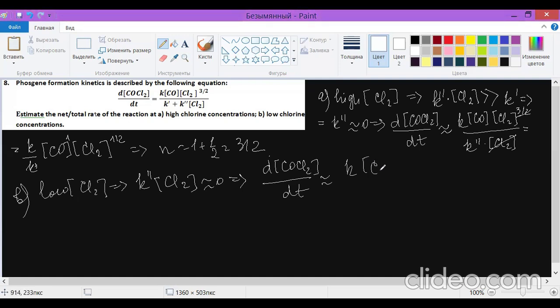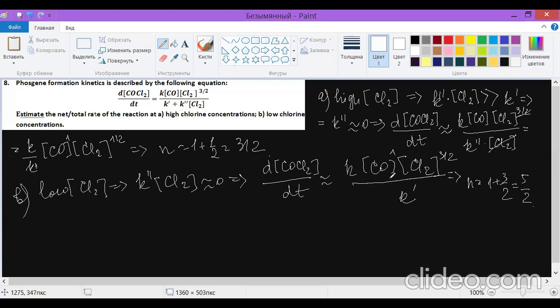It's K times CO times chlorine raised to 3 halves over K prime. And it means that n in this case is the sum of 1 with respect to CO plus 3 halves with respect to chlorine. In other words, it's 5 out of 2.